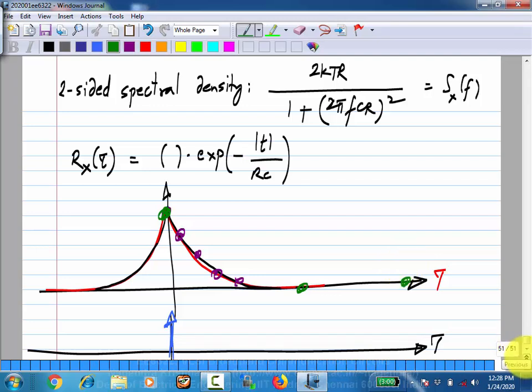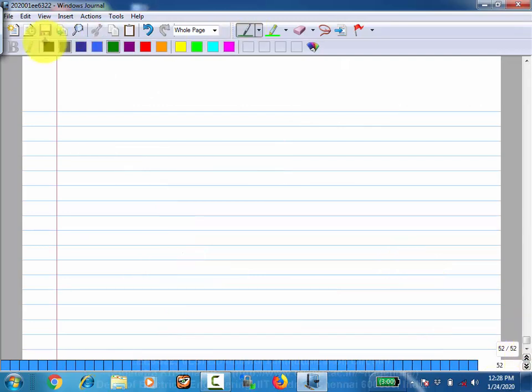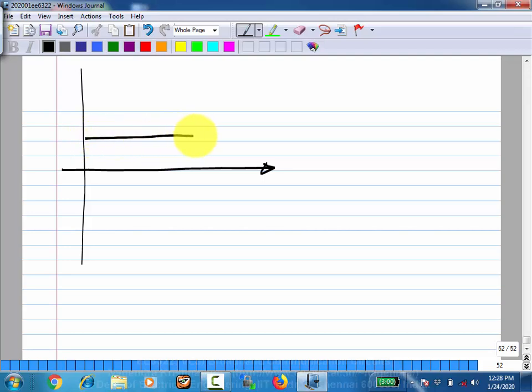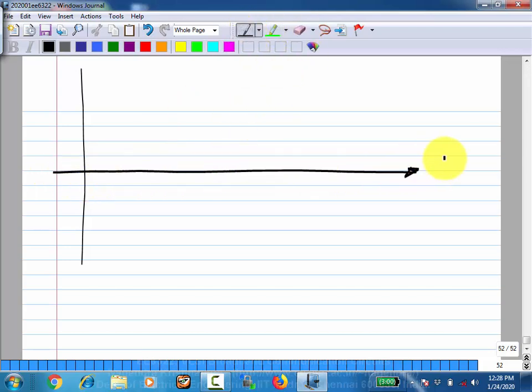So the bottom line is, if you sample like this, let's say, maybe I'll show it with an even wider bandwidth. Now I'll show the one-sided spectral density. This is 4kTR. This is 1 by 2 pi RC.